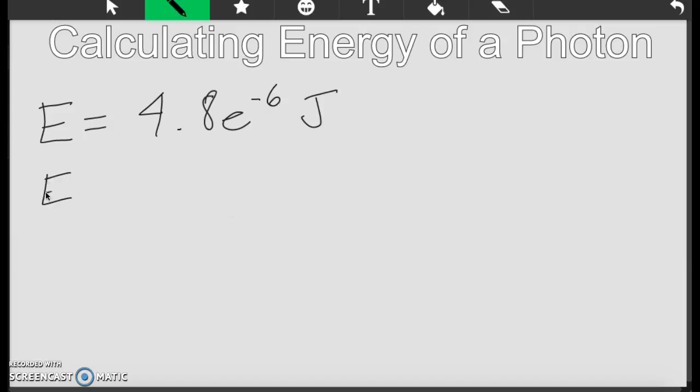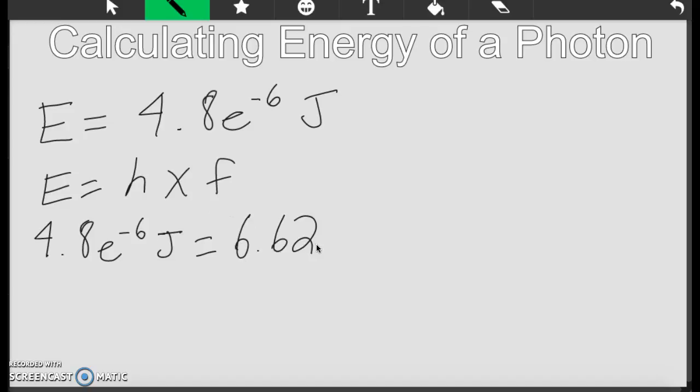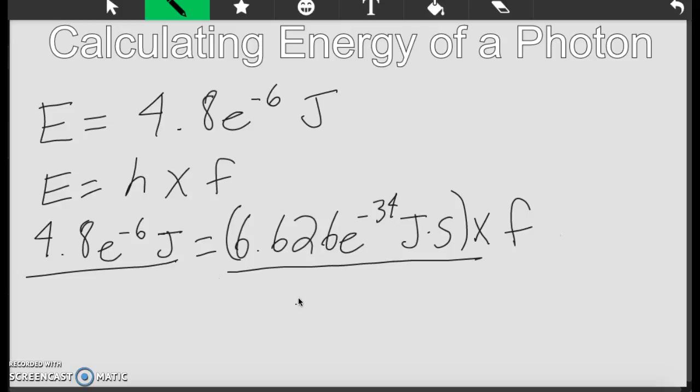So write your formula. Energy equals H times F. 4.8 e to the negative 6 joules equals Planck's constant, 6.626 e to the negative 34 joules in seconds times F. Now, divide the whole thing by 6.626 e to the negative 34 joules in seconds.